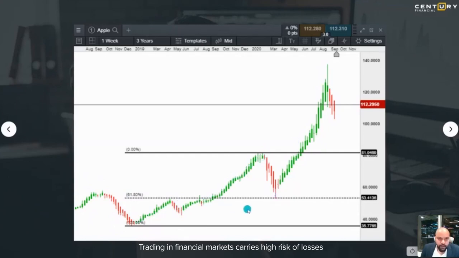Now, as an investor, what do we always look at? We always look at the best buying opportunities or the best selling opportunities for us to take advantage of the market. Now, if I want to take advantage of a drop, how do I identify which is a good entry point?